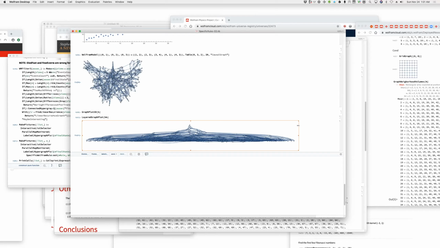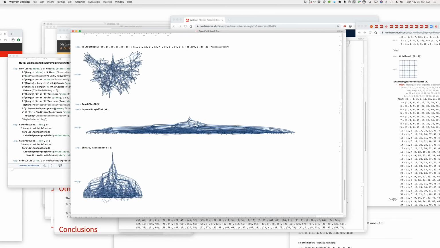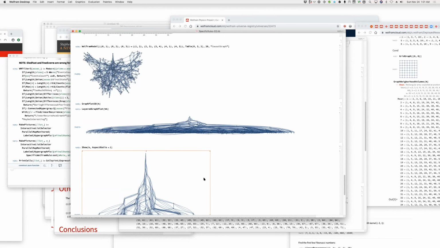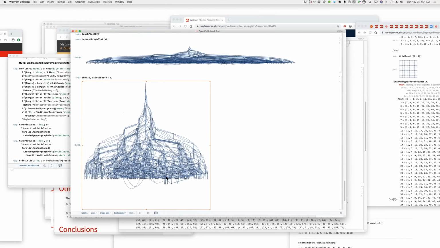So let's see. Well, it's 0.5 e-foldings per step. So by the way, you need basically 160 steps to get at least complete inflation.